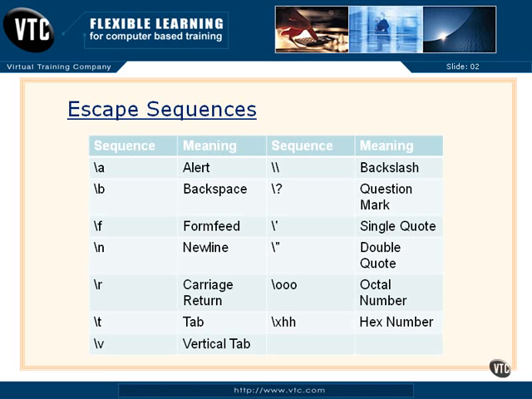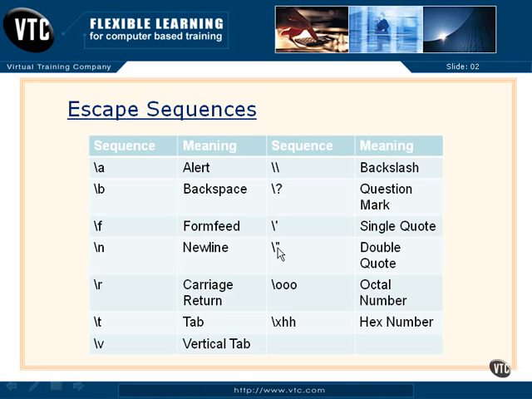An R is a carriage return, there's a tab, and then you can use some special things like the backslash and three digits of an octal number or backslash X and a hexadecimal number to create sequences of special codes in your constants that you create. If you want to actually show a backslash or a single or a double quote inside a string constant, you have to escape it out like this with a backslash in front of it so that it doesn't get picked up as another backslash or as the ending double quote of a string.